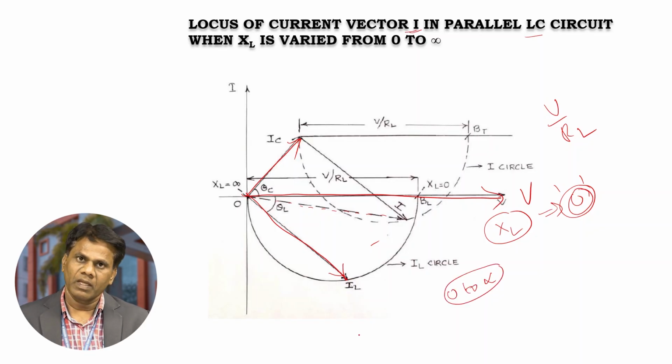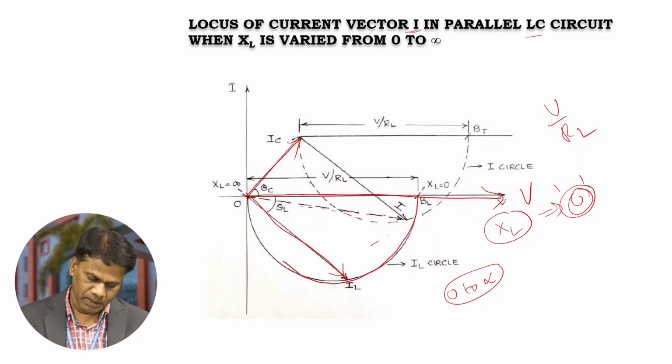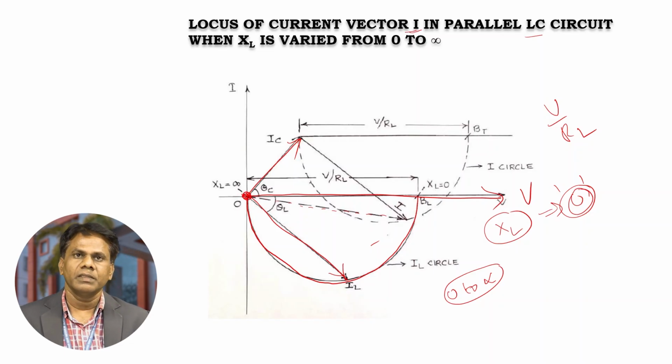By changing XL, the variable element, the current also changes: it decreases from the maximum value to 0. The current is 0 when XL equals infinity. This is the current vector in an RLC circuit, similar to the series RLC circuit, where XL is varying and resistance is constant.